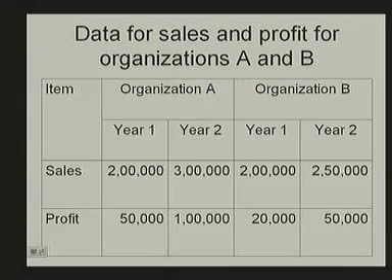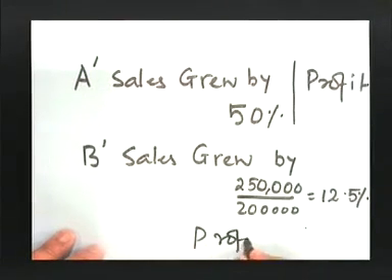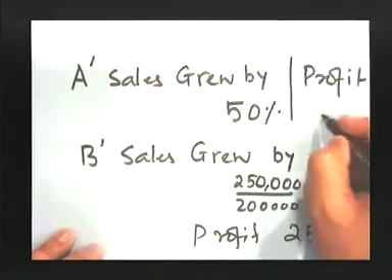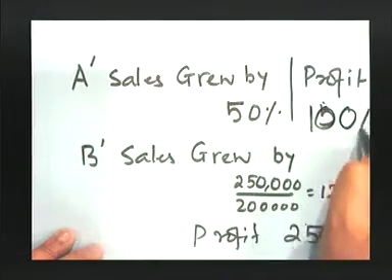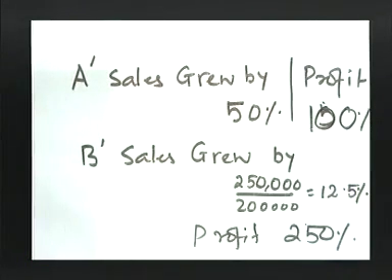From 20,000 it grew to 50,000. So, here we had an increase of 250% in profit, whereas here we had an increase of 100%. So, such kind of information we can derive by going through the financial reports of different companies.